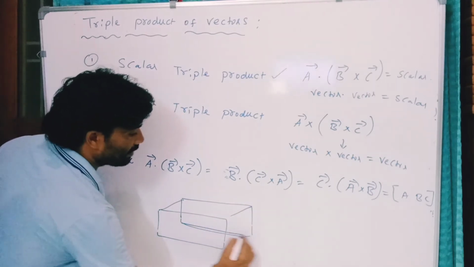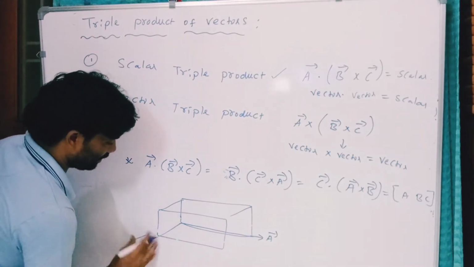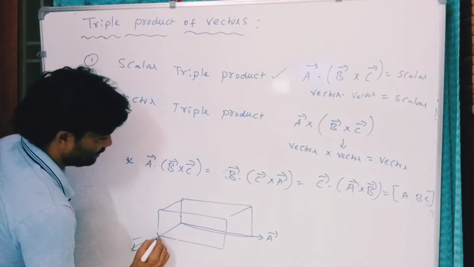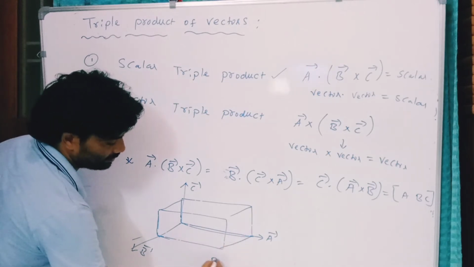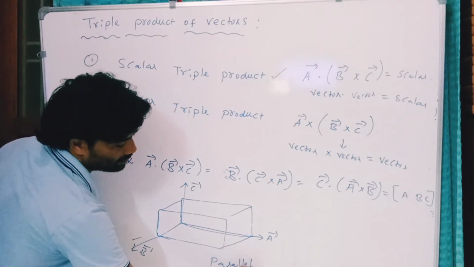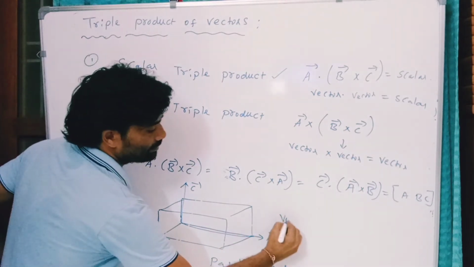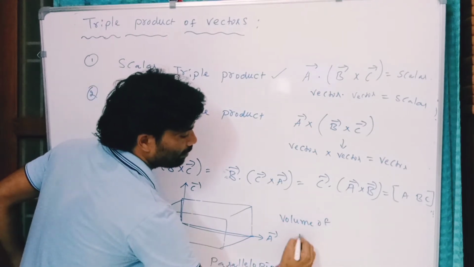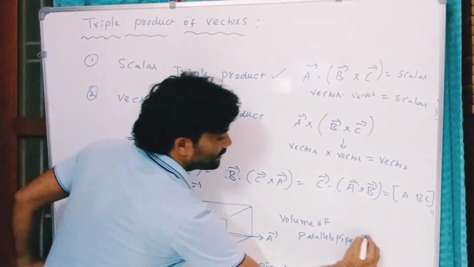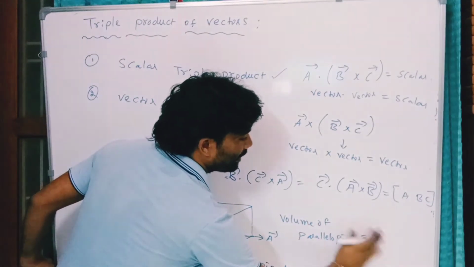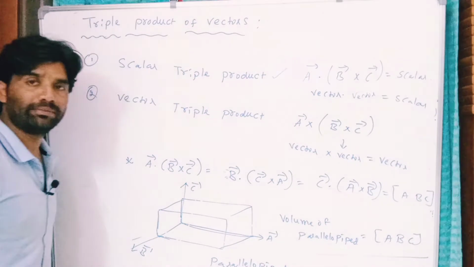If this side is represented by vector A bar, this side by vector B bar, and this side is C. If three adjacent sides of this parallelopiped are represented by three vectors, then its volume is equal to A bar dot B bar cross C bar, or you can say simply box of ABC. Box of ABC. Remember that.